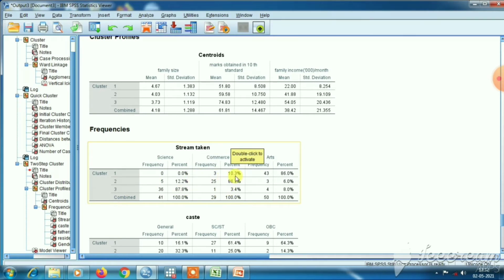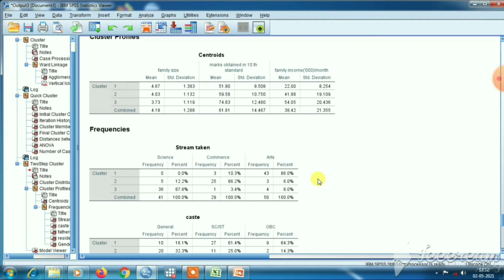Similarly, cluster 1 has 10% commerce, cluster 2 has 86.2% commerce, and cluster 3 has 3.4% students from commerce. So in cluster 2 the majority of participants, 86.2%, are opting for commerce.